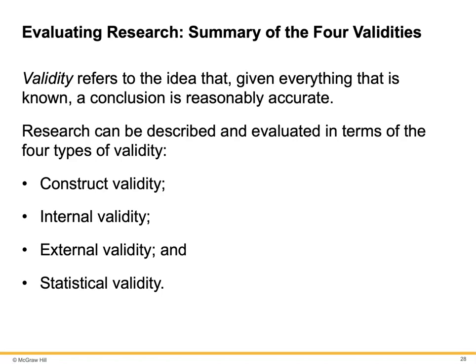Construct validity refers to the extent to which measurement or manipulation of a variable accurately represents the theoretical variable being studied. Internal validity refers to the accuracy of conclusions drawn about cause and effect. External validity is the extent to which findings of a study can accurately be generalized to other populations and settings. And statistical validity is the accuracy of the statistical conclusion drawn from the results of an investigation.